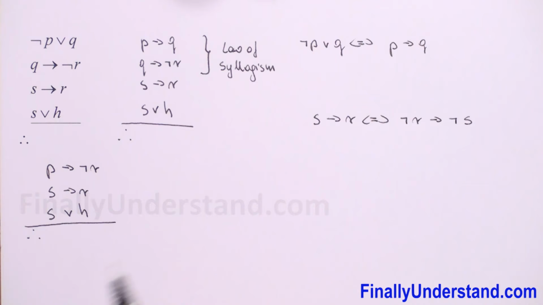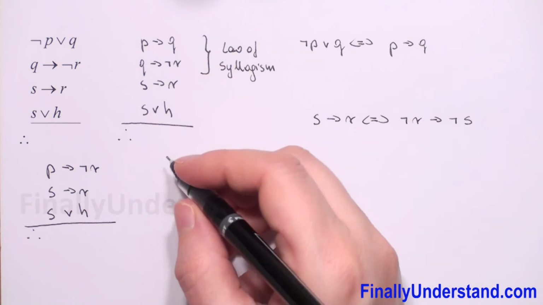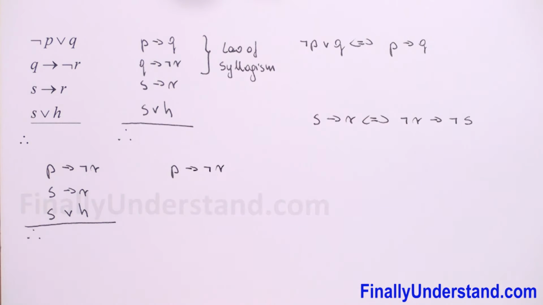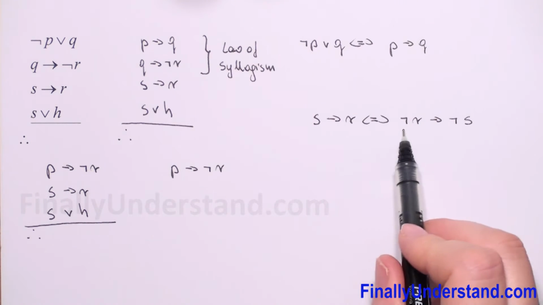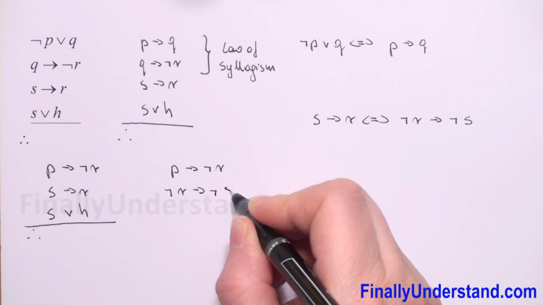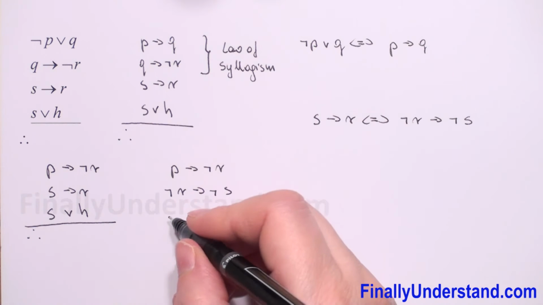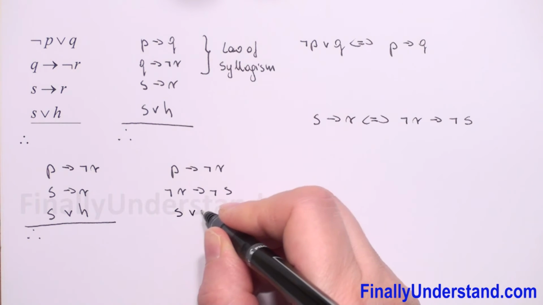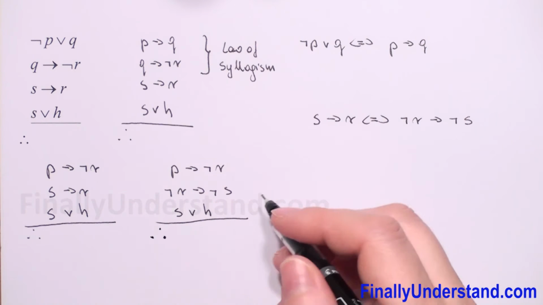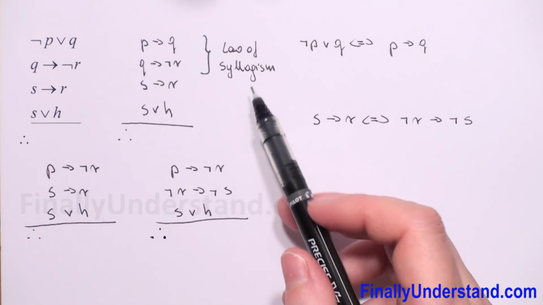So we will have to copy the first premise. We have P implies not R. And the second we will substitute that equivalent form, not R implies not S. And the third premise we will copy, S or H. So now we can use again the law of syllogism.